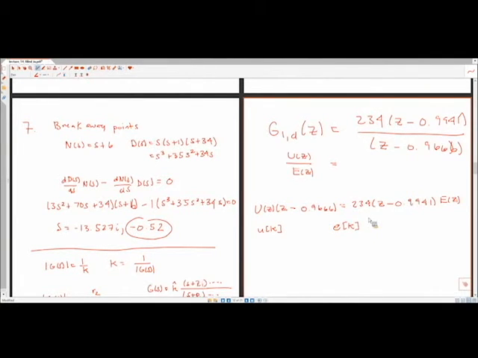This would then be U of K plus 1 minus 0.9666 U of K is equal to 234 E of K plus 1 minus 0.9941 times 234 E of K.